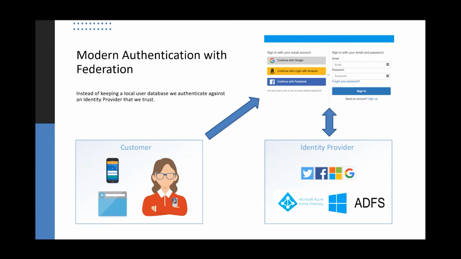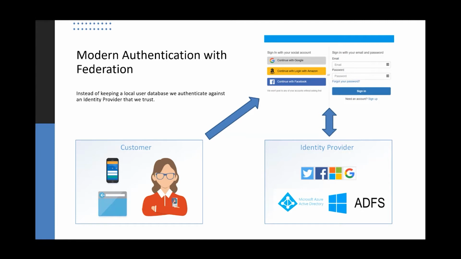Instead, I authenticate them against an identity provider where their identity exists already and that I trust as a valid source of authentication. That could be a social media network like Facebook or Twitter. Maybe it's your company Active Directory through ADFS. Any number of different identity providers.